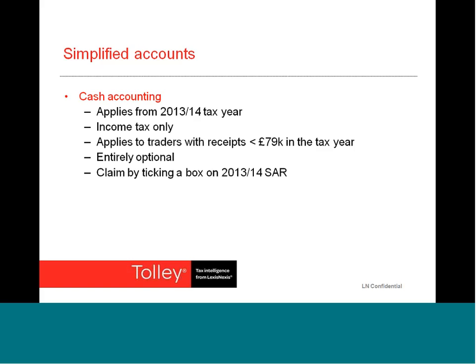And it applies to those traders if their receipts are below 79,000 in the tax year. Now that's the VAT threshold, the registration threshold for VAT. So if they're below that threshold, then they can go into cash accounting if they want. It's entirely optional. And if you are, you just tick a box on the return and hey, you're away with cash accounting.